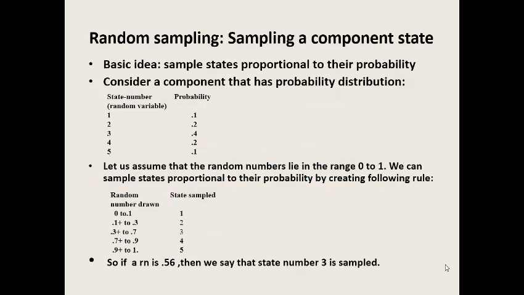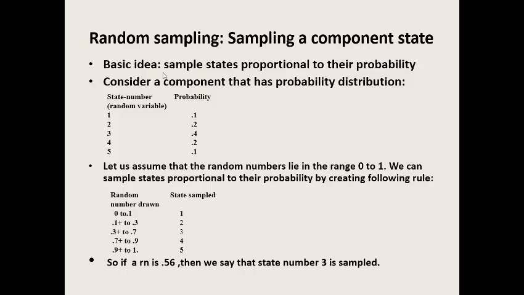Now, after we are able to have a set of random numbers, we can discuss how we perform the random sampling. Let us first discuss the sampling of a component state. The basic idea, whether you are trying to sample a component state or a system state, is that the states should be sampled proportional to their probability.